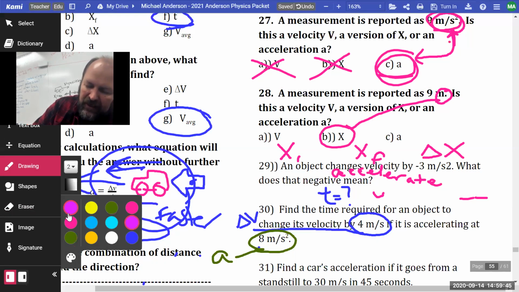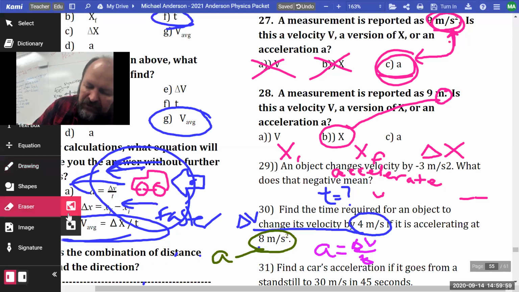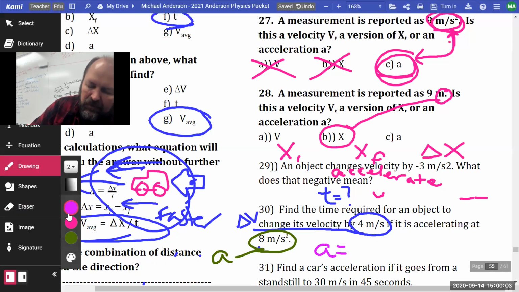So I can do that with this equation. We have 2 equations that have A in it, but anyway, here's the one that will work. The other one will not work because the other equation is that really long one. And that really long one has the initial location and final location and the initial velocity in it.